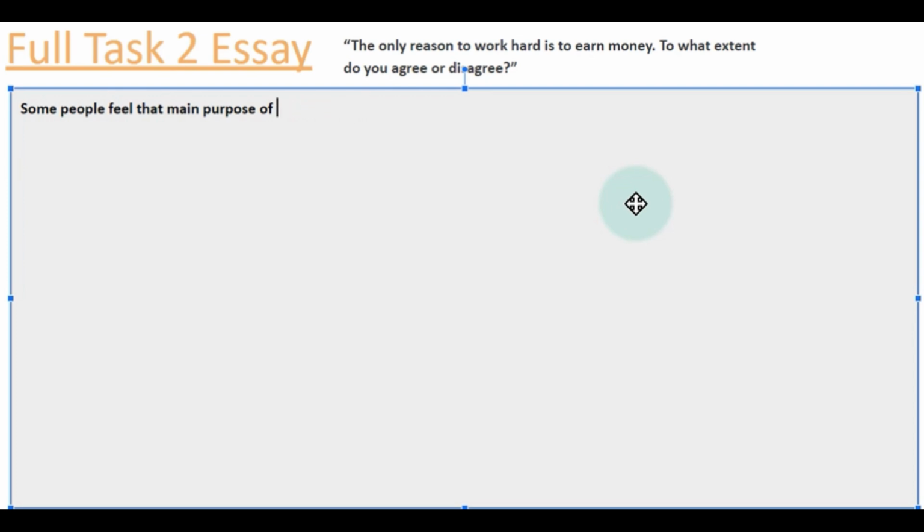Some people feel that the main purpose of hard work, of giving 100% in our workplaces, is to gain more money. Okay, so I've added to this short paraphrased sentence here. I've made mine a bit longer. The only reason to work hard is to earn money.